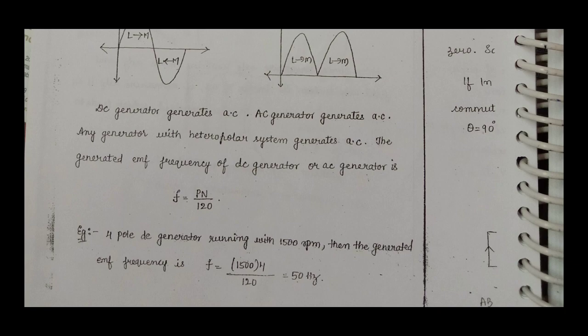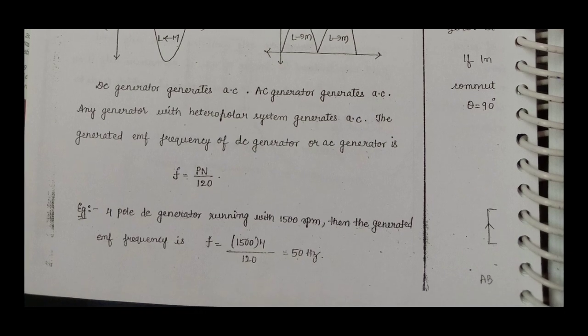Any generator with a heteropolar system generates AC. The generated EMF frequency of a DC generator or AC generator is f equal to Pn by 120.